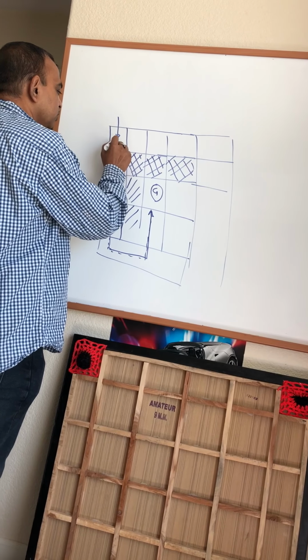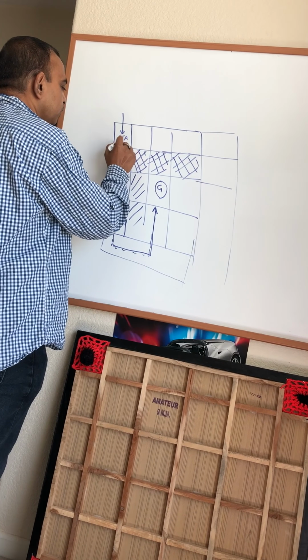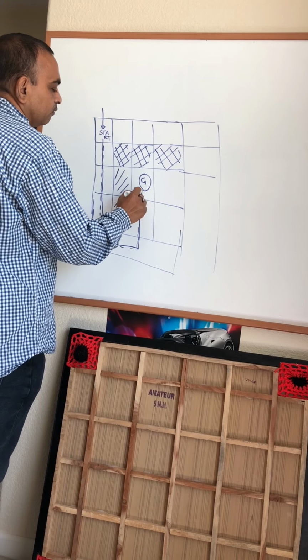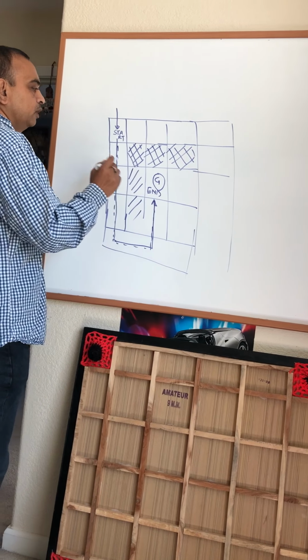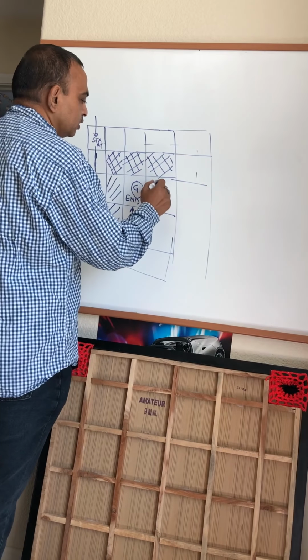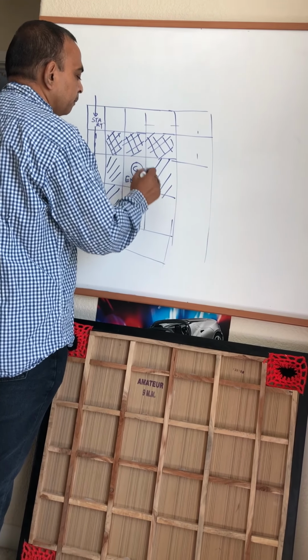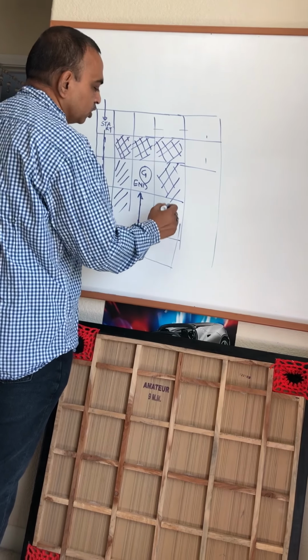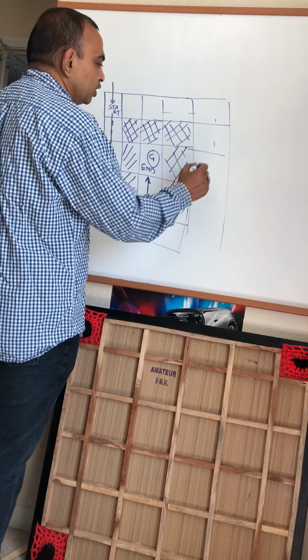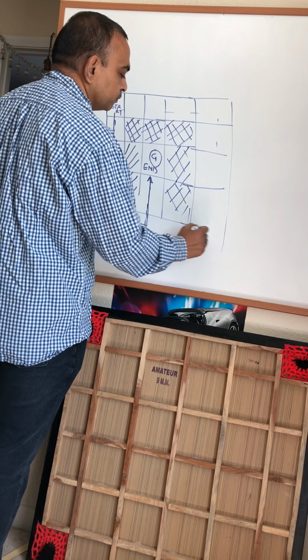Starting position is this. So this is my start and this is the end. There are two ways it can go, from here to here or here to here, but we want to give it the shortest distance path.